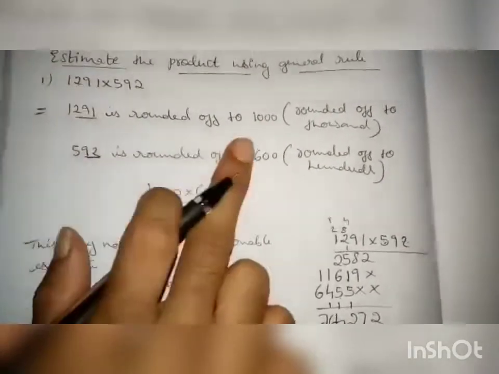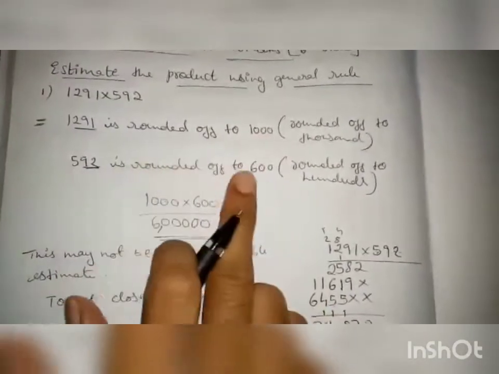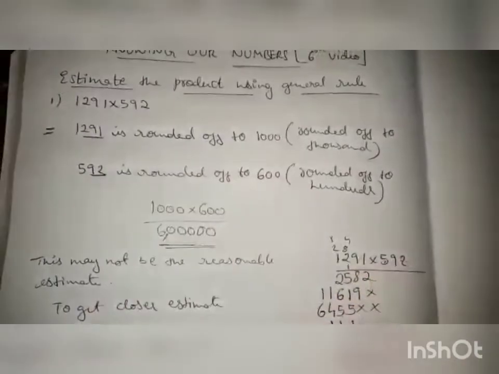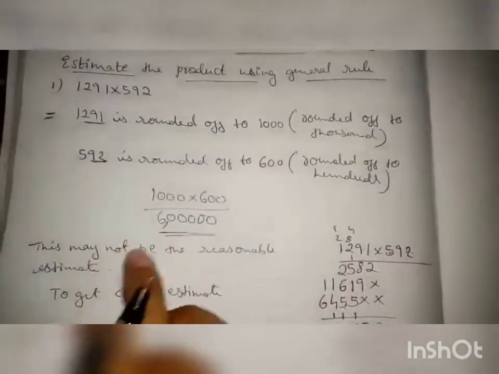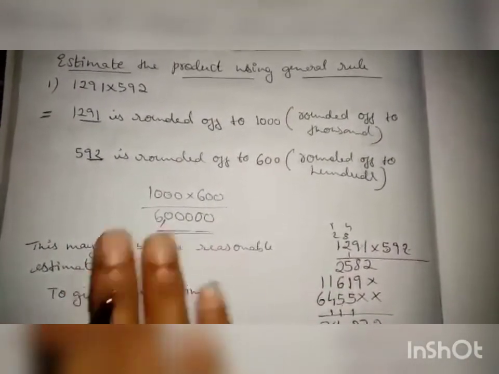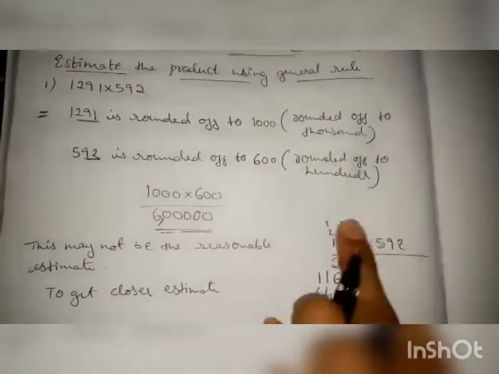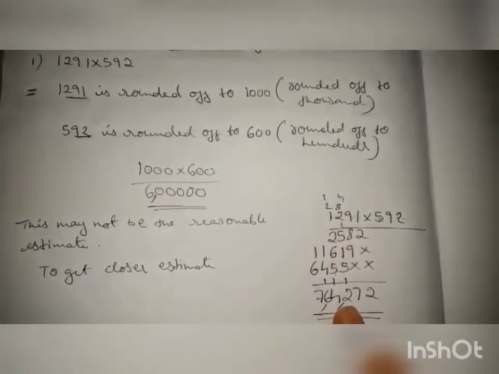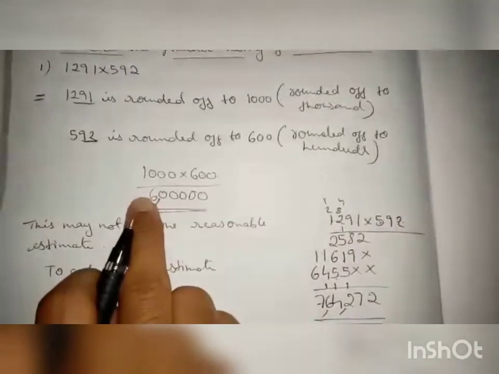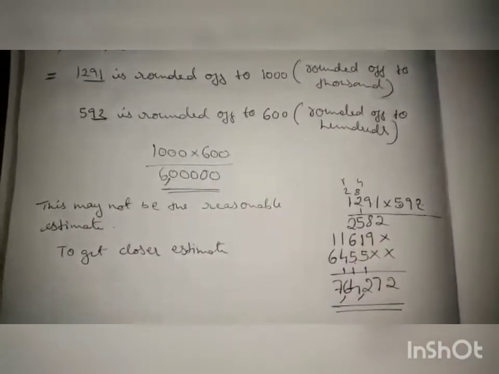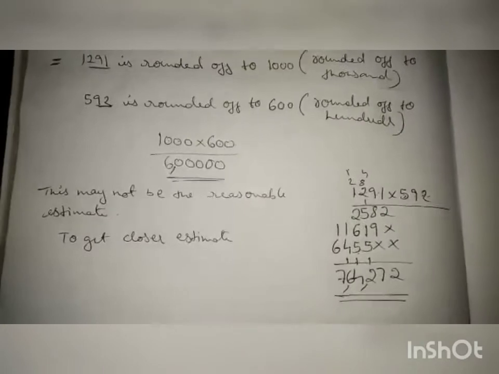When you rounded to 1000 and to hundreds, you didn't get the closer estimate. This is not reasonable, because the actual multiplication is 7,64,000 but you got 6 lakh. So we'll try to find the closer estimate. How? We'll change the rounding off.